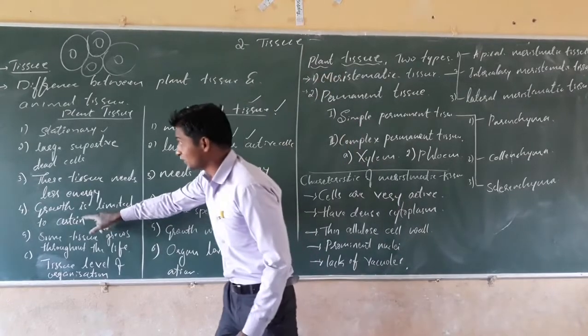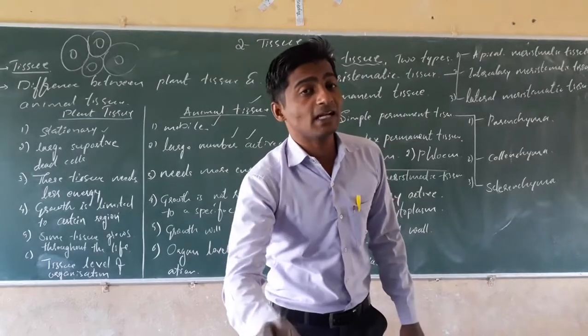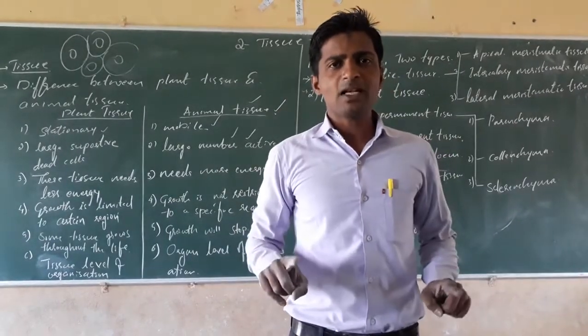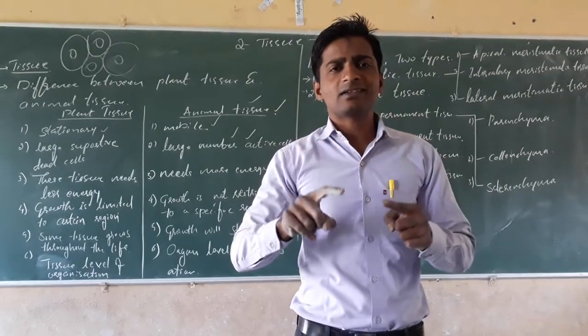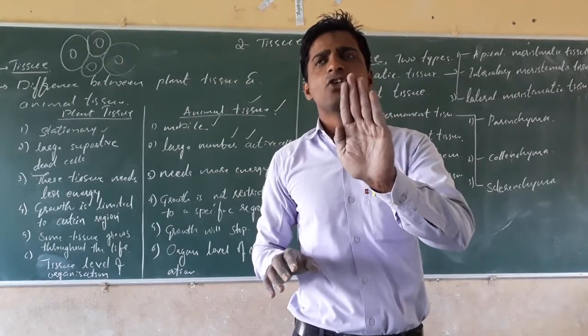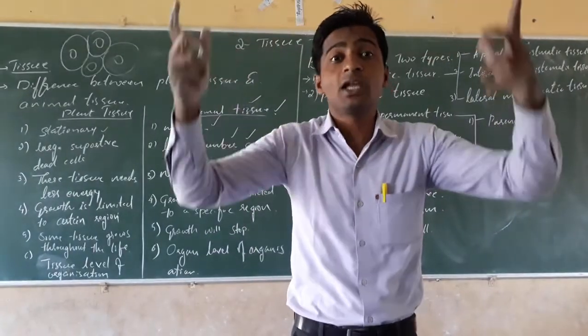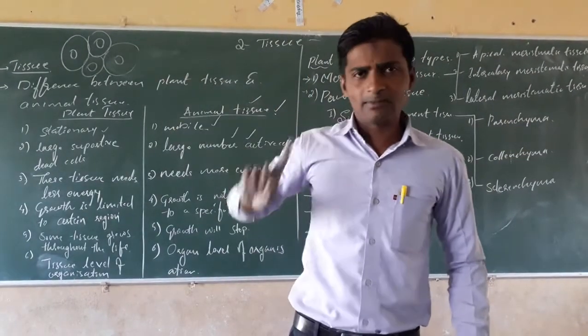But here what happens, dear students? In case of plants, growth is restricted to a particular region only. For example, the leaf of a mango is restricted; the mango leaf is only of that much size. It will not grow to 1 meter or half a meter.